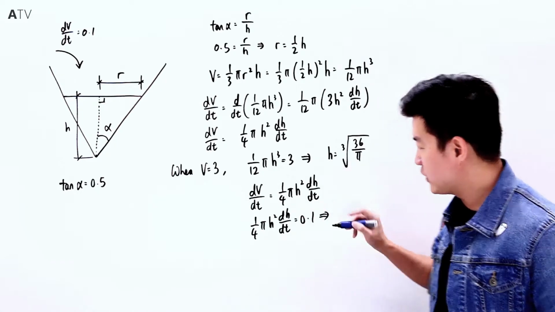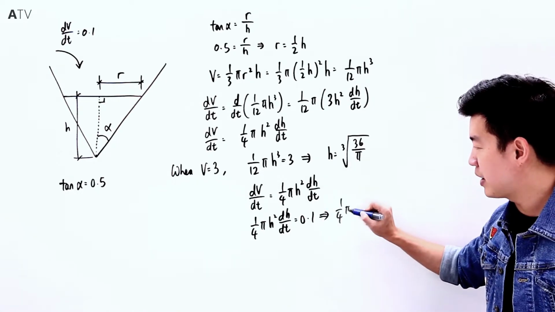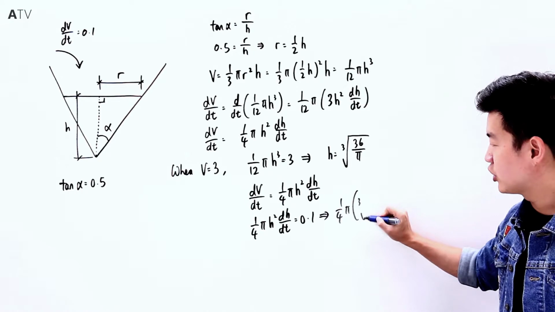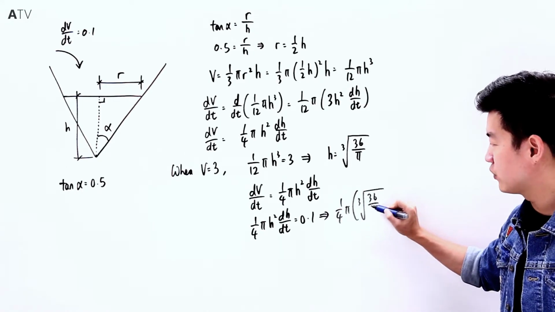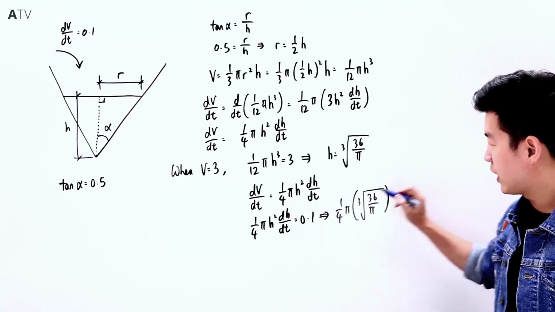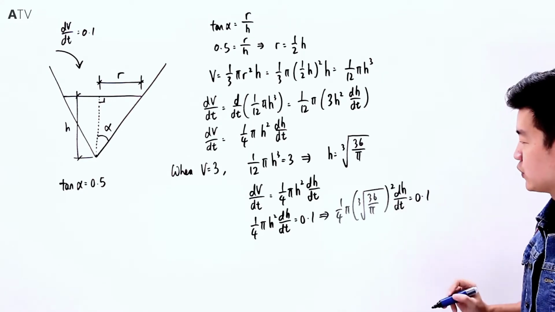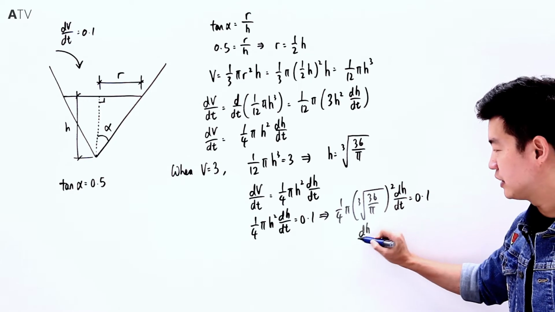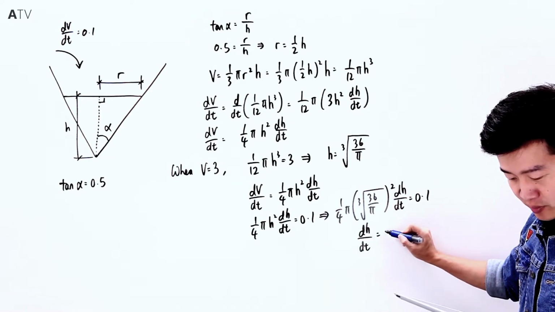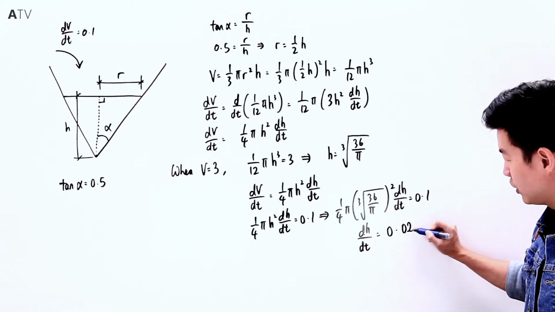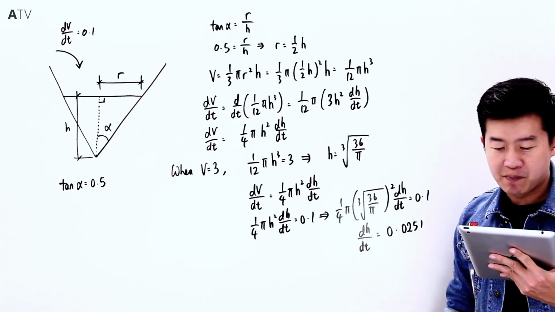Subbing this value in, 1/4 pi times the cube root of 36 over pi, squared, times dh/dt, which is what we are supposed to find, is equal to 0.1. So dh/dt is going to be calculated to be 0.0251 meters per minute.